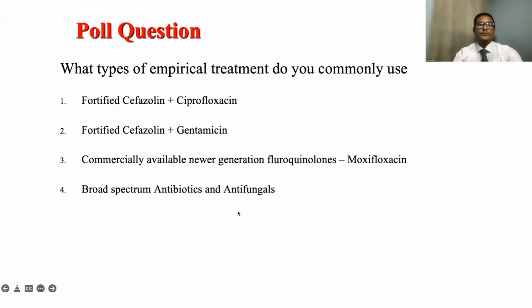And there is ease of administering to the patient, but they may not truly be broad spectrum because many of them do not have adequate gram negative coverage. And secondly, there is a risk of resistance as well. So probably what would be best is to use one of the combination therapies with, for example, cefazolin with ciprofloxacin or cefazolin with gentamicin.